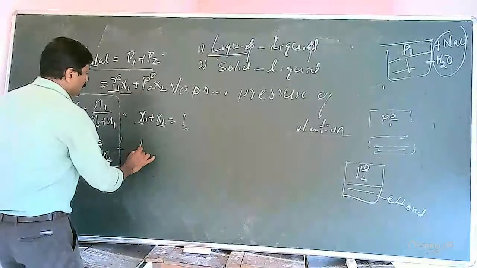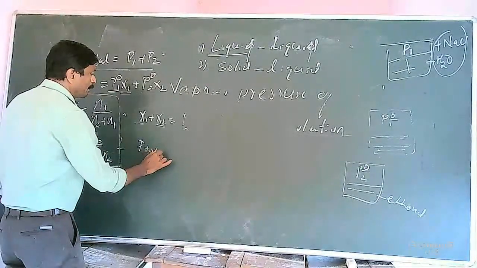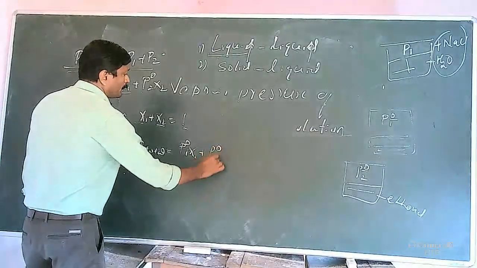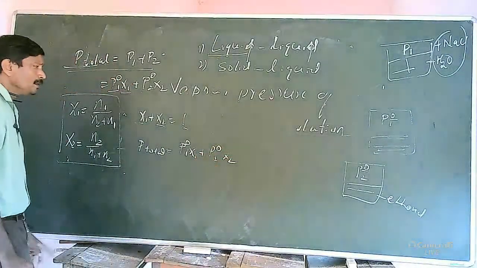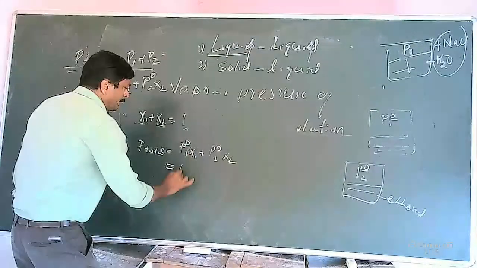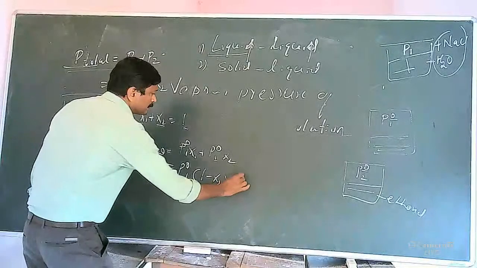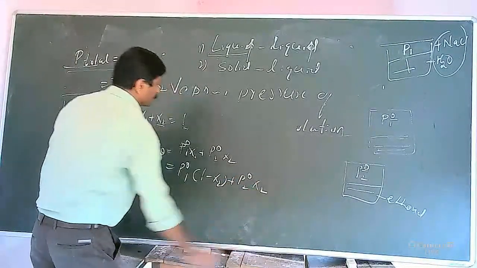We can modify this equation. P total is equal to P01 x1 plus P02 x2. What is x1? x1 is 1 minus x2, since x1 plus x2 is equal to 1. So P total is equal to P01 into 1 minus x2 plus P02 x2.